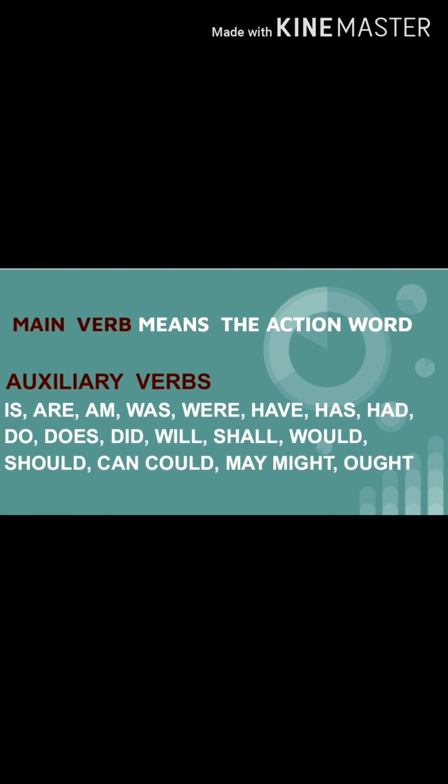Now, what is an auxiliary verb? An auxiliary verb is a word which helps the main verb in a sentence. Therefore, they are also called helping verbs. They convey the time in the sentence. It means these words help us in knowing whether an action is over or it is still happening or it will happen on a future date.